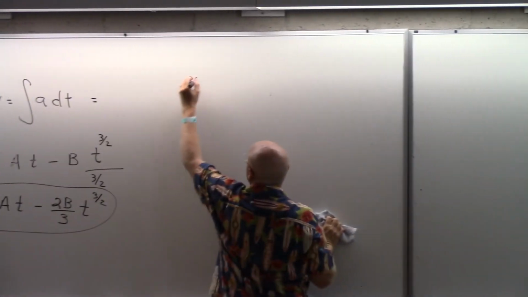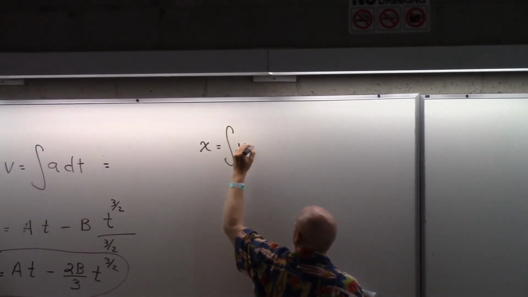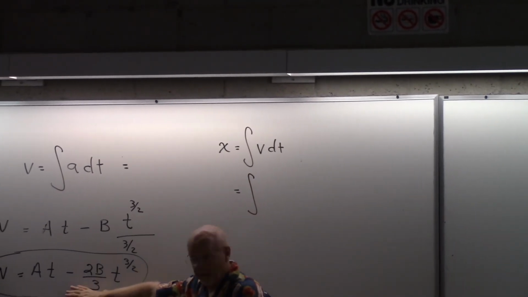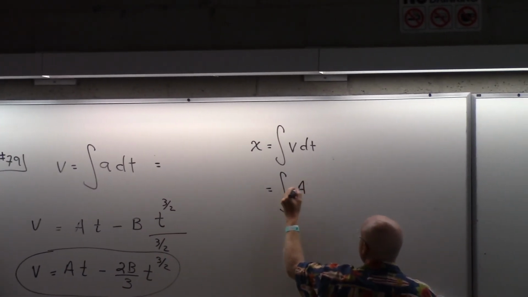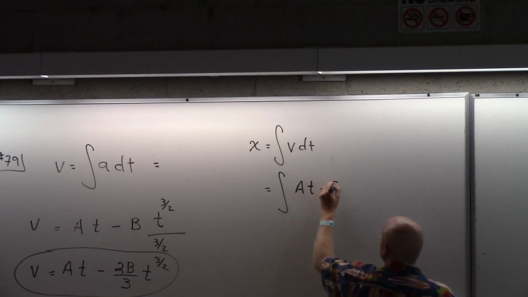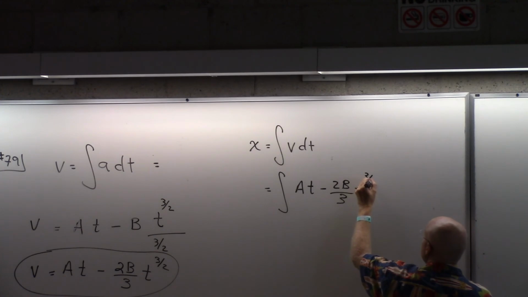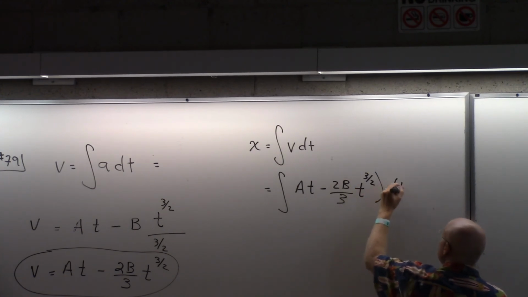I'm going to say position then is the integral of the velocity. And the velocity then is At minus 2b over 3 t to the 3/2, and then dt.